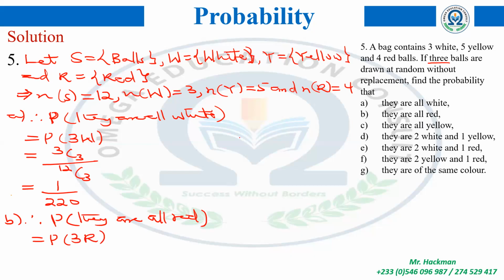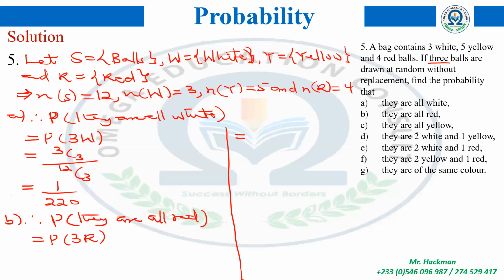Which in effect, if you continue, we are going to get 3 combination 4. Come again. In your combination, you cannot have your R bigger than your N. 3 combination 3?